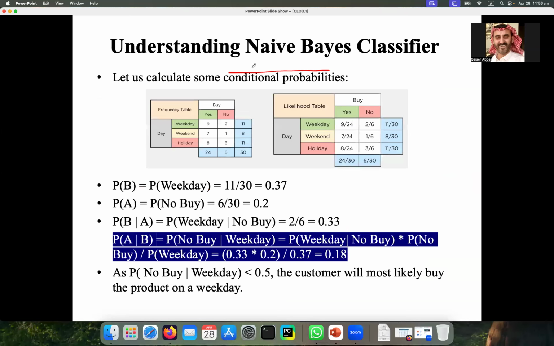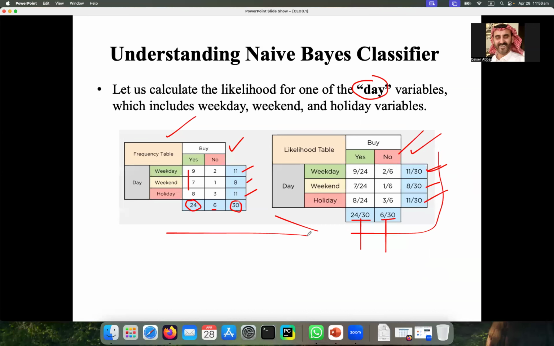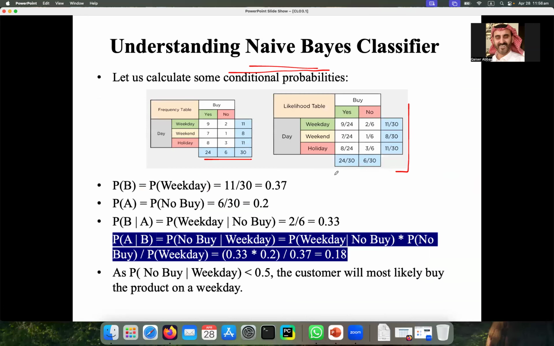Now, moving towards conditional probability. So the day with its frequency is this, and with its likelihood is this. We copied this slide here again, nothing else. Now, what is our equation?